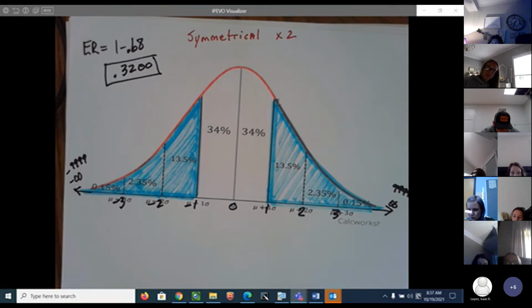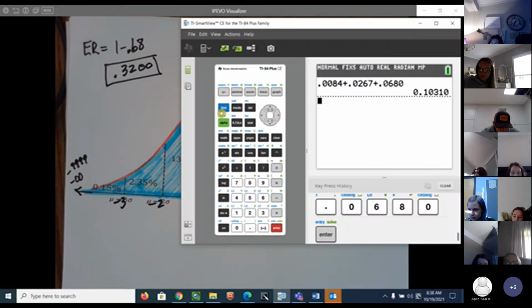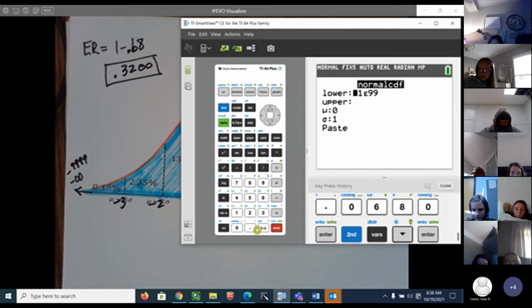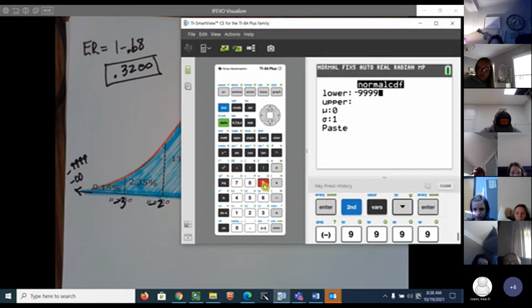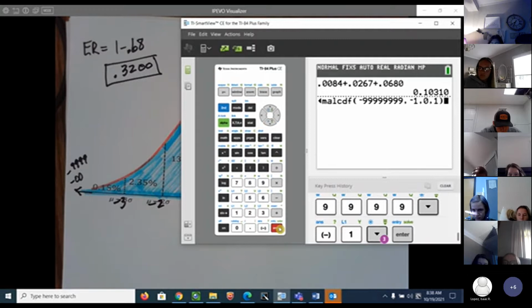So let's go ahead and add this one up. We're going to go to normal CDF, second vars, normal CDF, negative 99999, and we're going to add the negative 1. Paste and enter.